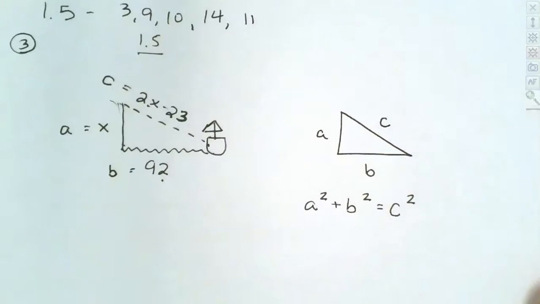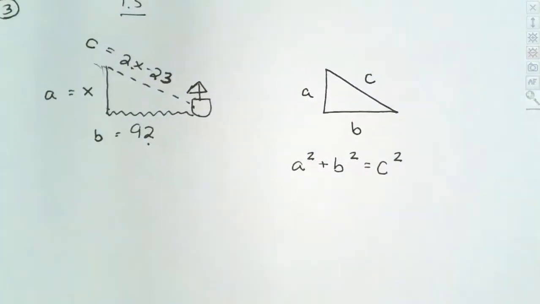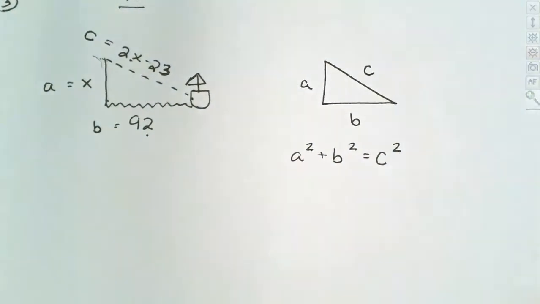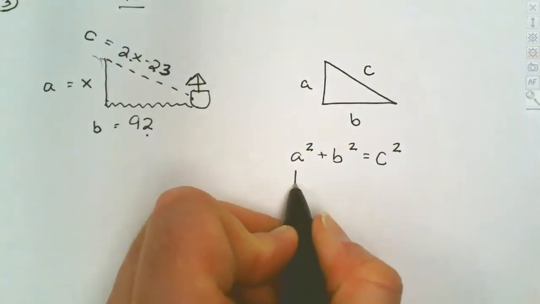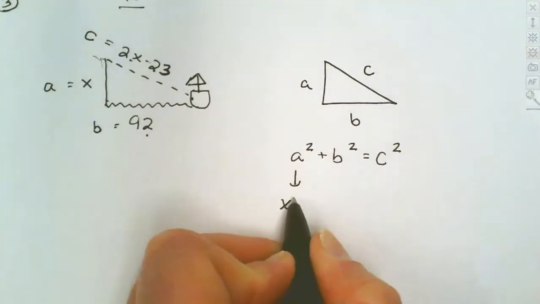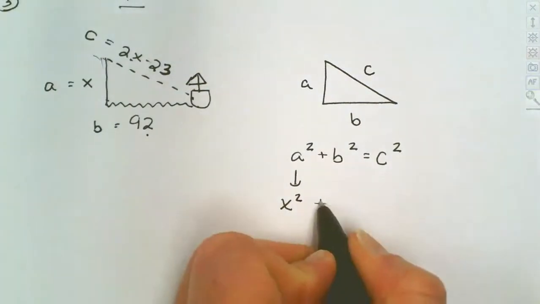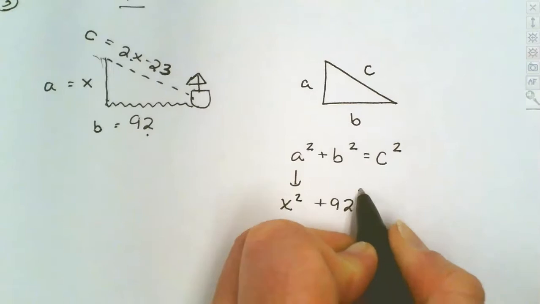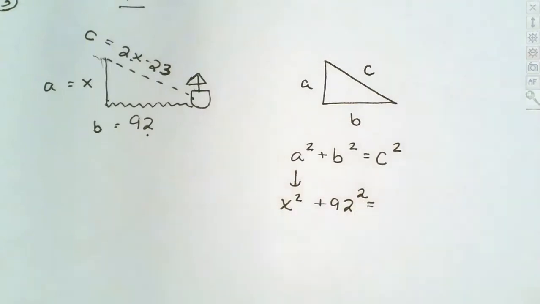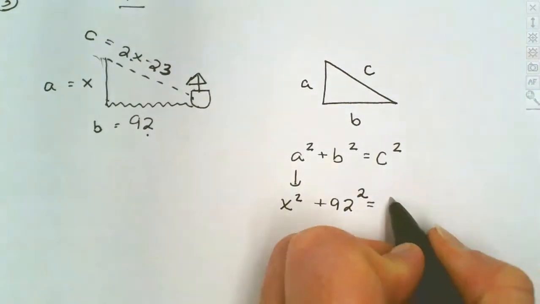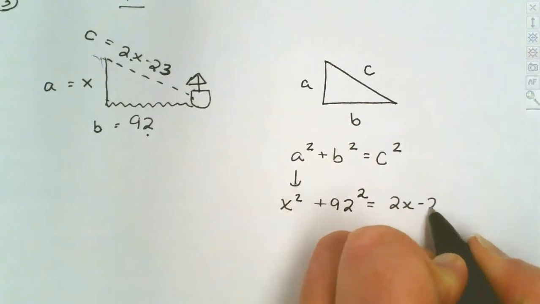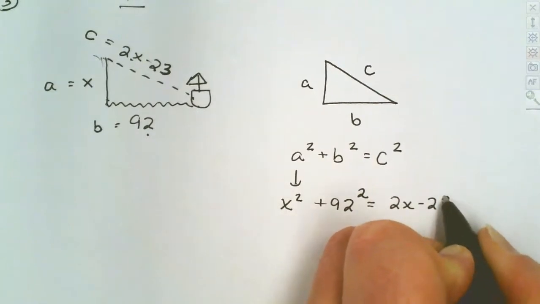So when we look at our equation, what's our equation going to now look like? Well, if I fill in my a, in this case, a is x. So that's x squared. Our b is that 92. We have to square it as well. And c is 2x minus 23.